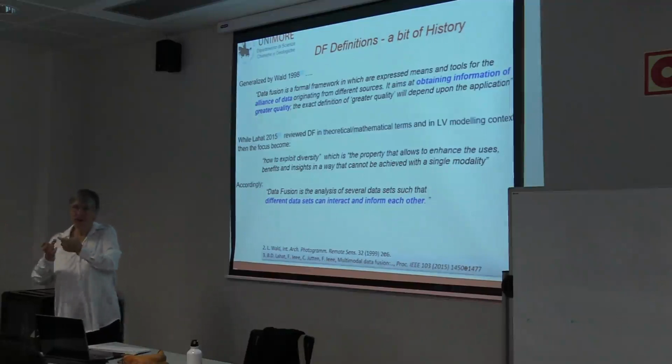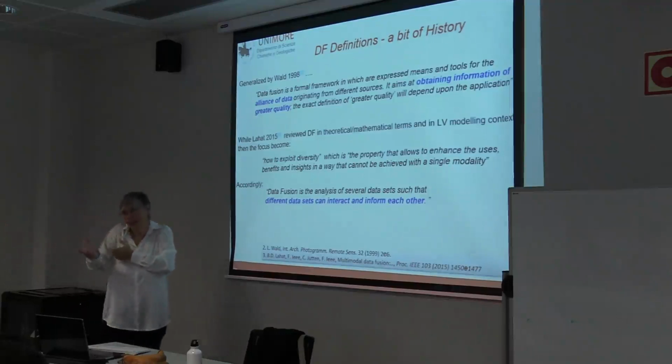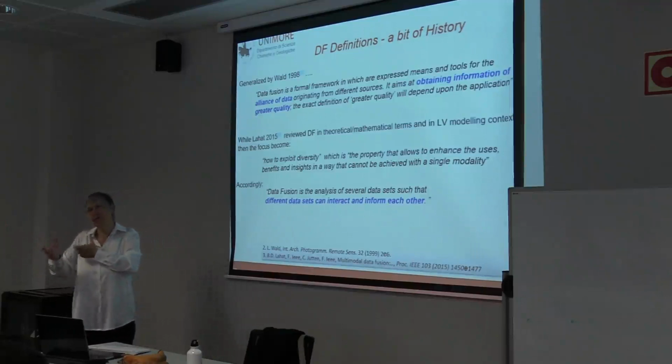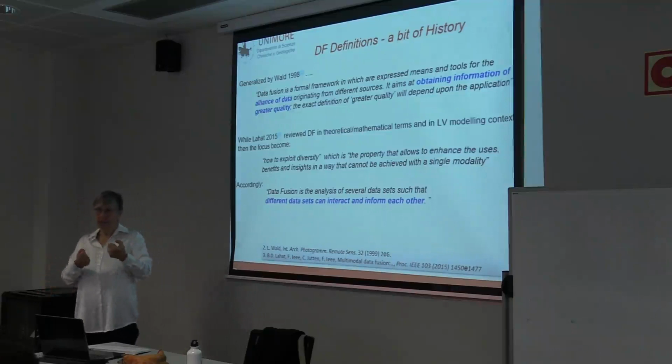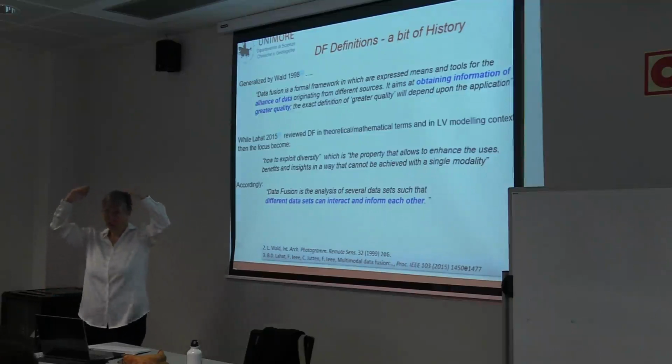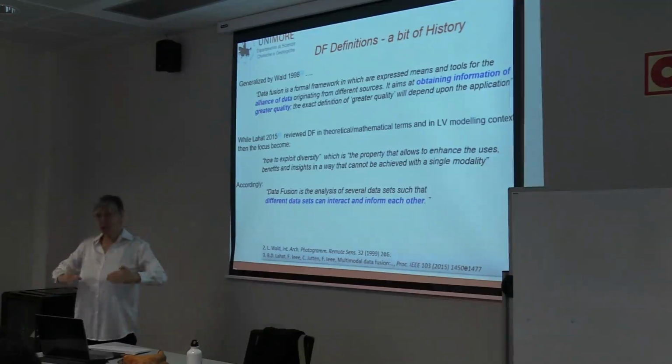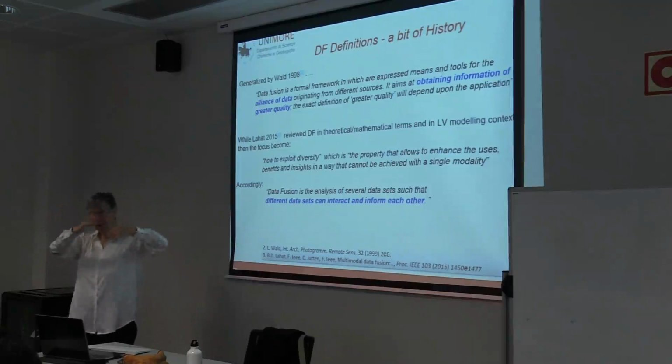So inform each other means that since I have something in which my compounds are resolved, I can sort of get this information, because when I look at all my samples, and all my samples are in common, the variation along the samples informs, especially if I use methods like principal component analysis or partial least squares.